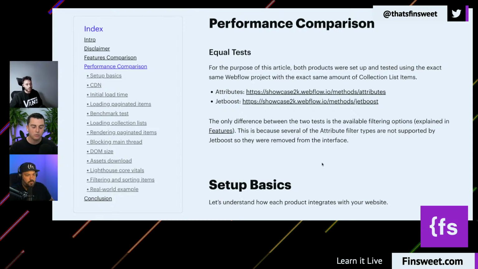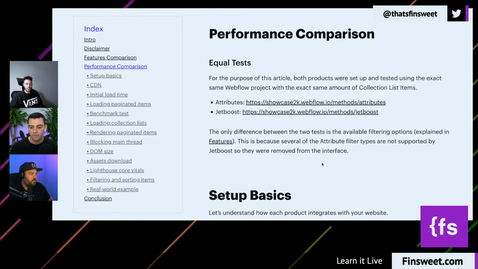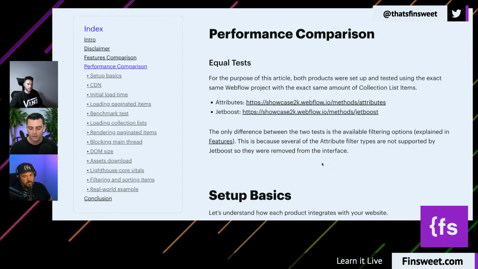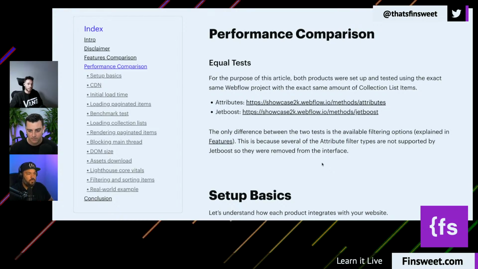And when we went to do additional tests this morning, we found that was true. So we're going to show this to you to show you the important things that we have in mind when you're comparing products. But just know that the results are not valid. When we release this, we're going to remove all of these tests and release it without the performance comparison. Did I miss anything before we jump into this?